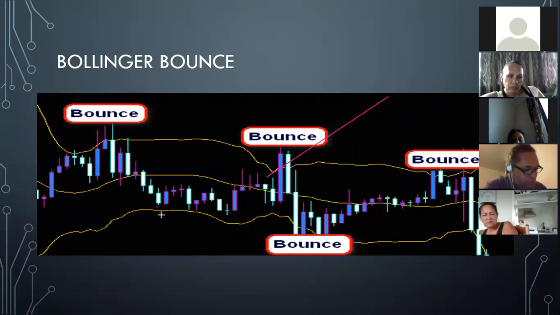If we were to apply this method, our entry point will be the bottom of this candle here, and we will look to sell at this candle here. So if we were to buy at the bottom of this candle, as soon as it hits the bottom of the band, we would sell here. Entry point, exit point. Whatever's in between, that's the profit you make.